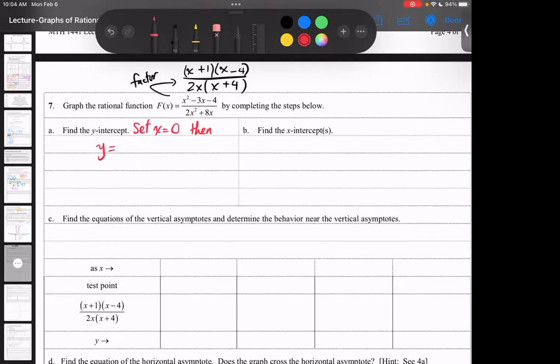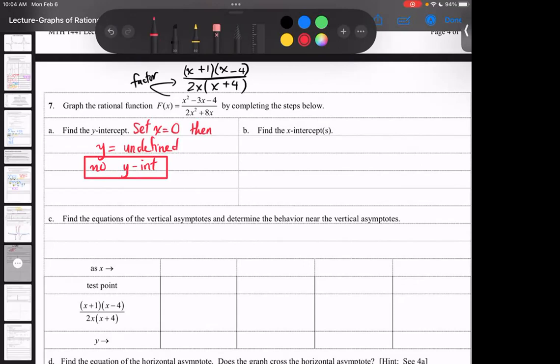Undefined, right? When x is 0, the bottom is 0, so you say y equals undefined. It's the same thing as saying there's no y-intercept. It'd be an imaginary number, but we're talking about real axes here.